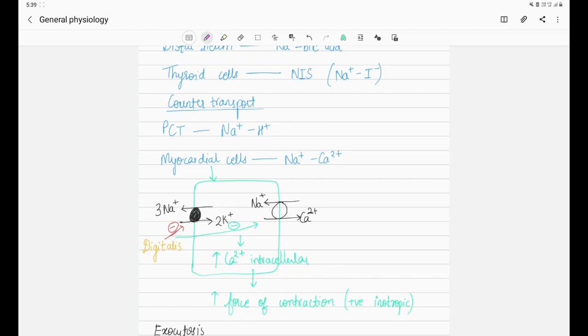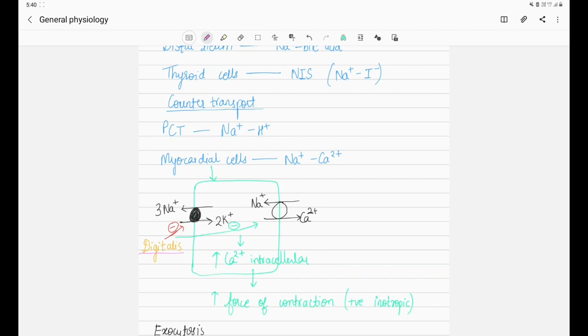Now if you see here, we have discussed digitalis earlier, and we know that digitalis binds to the ouabain binding site, which is on the ECF side of the sodium potassium ATPase pump on the alpha subunit. So here we are taking this digitalis, it is binding and inhibiting the sodium potassium pump. So what will happen if the sodium potassium pump gets inhibited? The Na+, which was usually decreasing in the cell because of the primary active transport, will not decrease.